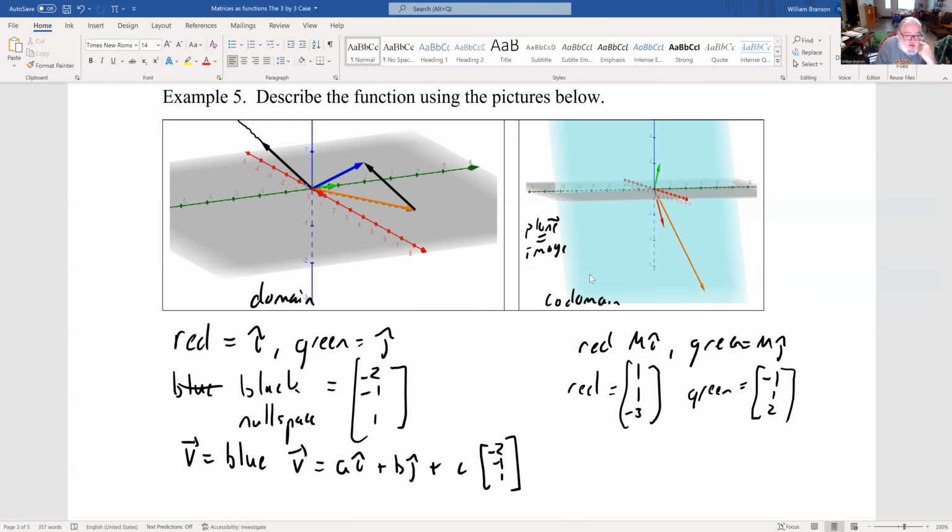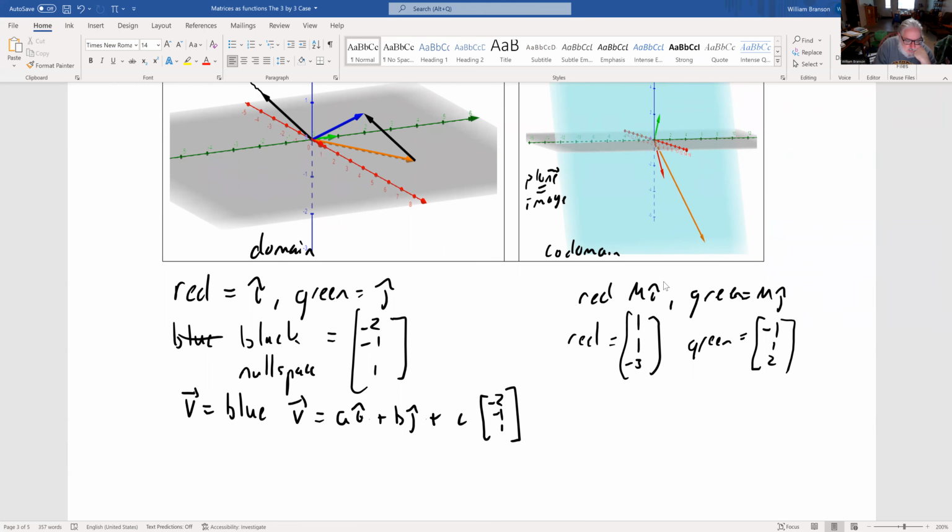So i and j and the null space vector are all linearly independent, so they span the entire space. And so every vector v can be written as a linear combination of i hat, j hat, and the null space.